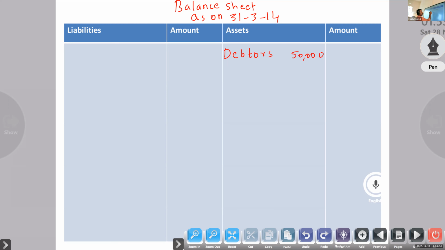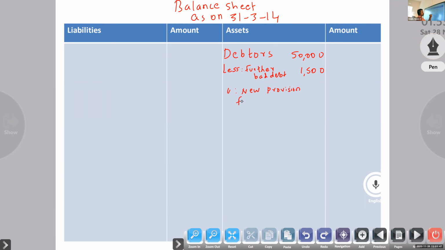Adjustment is there. Everything you have to minus. Less further bad debt 1,500. Less new provision for doubtful debtor.